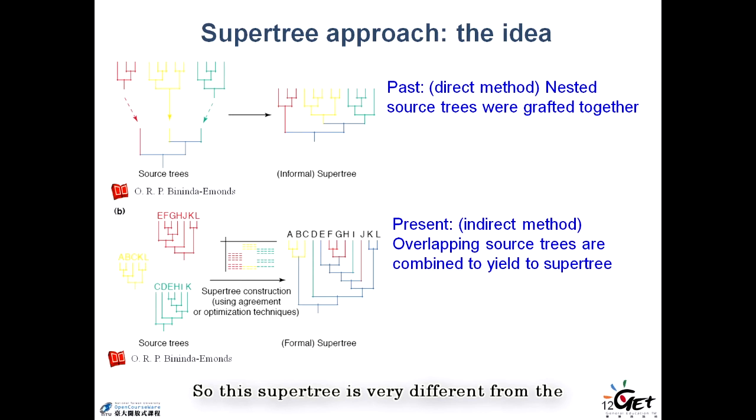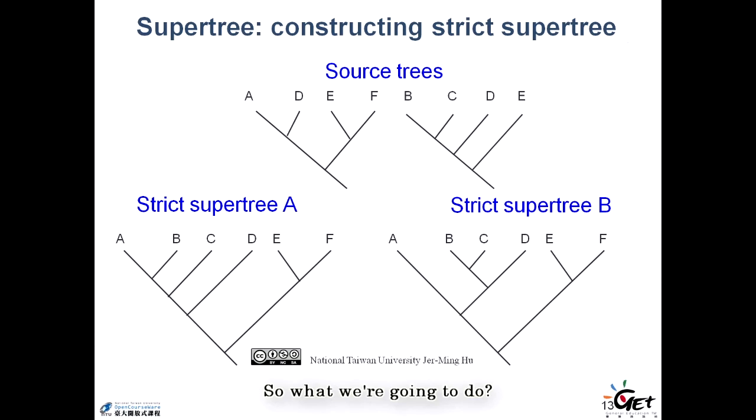So this supertree is a little bit different from the ordinary thinking of just grafting and attaching to the bigger picture, but with some overlapping signals inside. So what we are going to do is deal with trees.